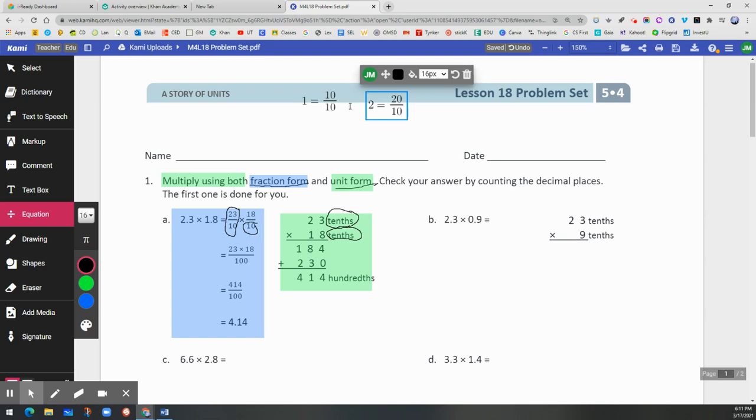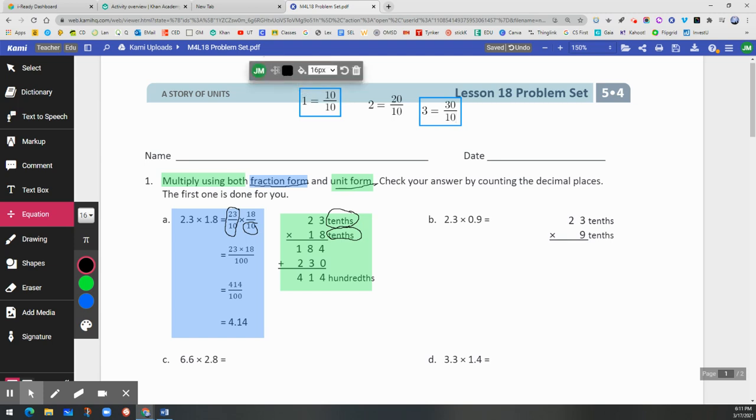Okay, this is good information to recall. We've learned this in the beginning of the year, so I'm refreshing your memory. And then 3 wholes equals what? Well, obviously another 10, which will be 30. 30 what? 30 tenths.